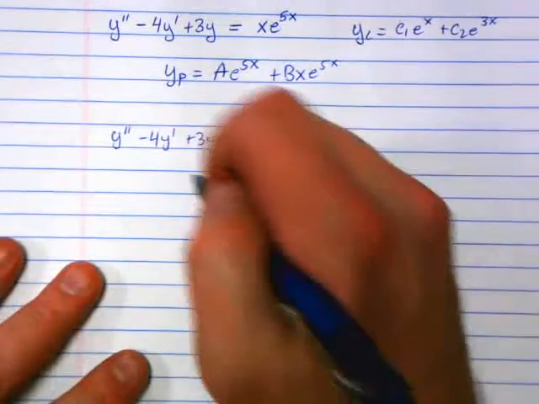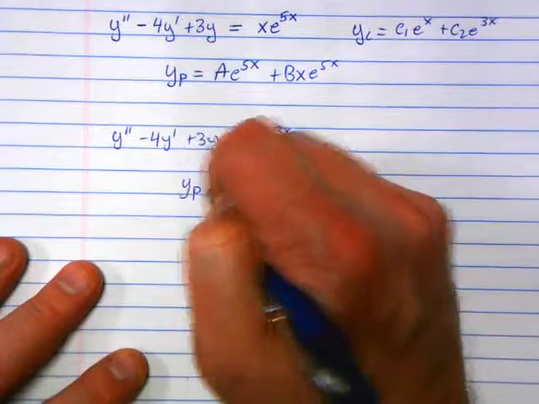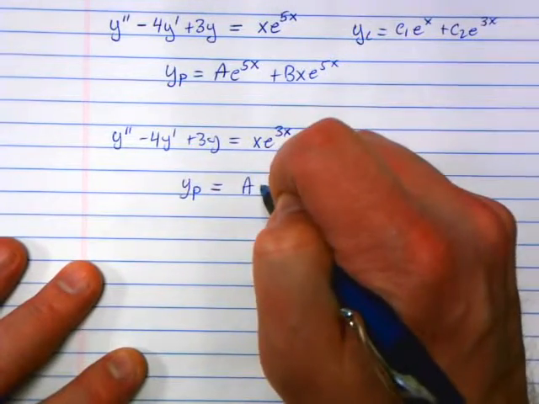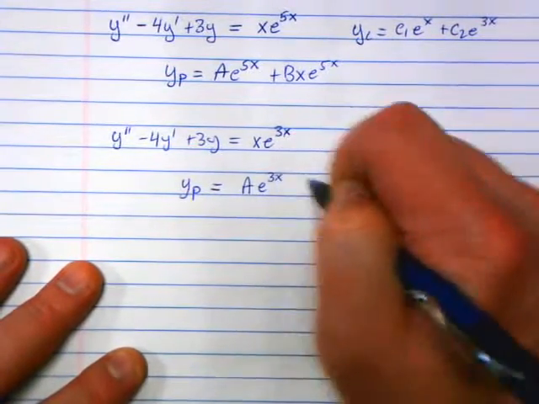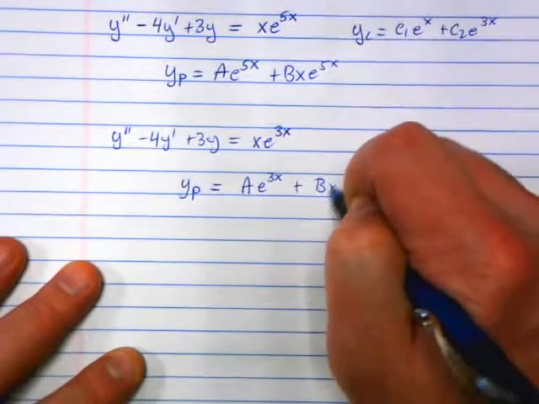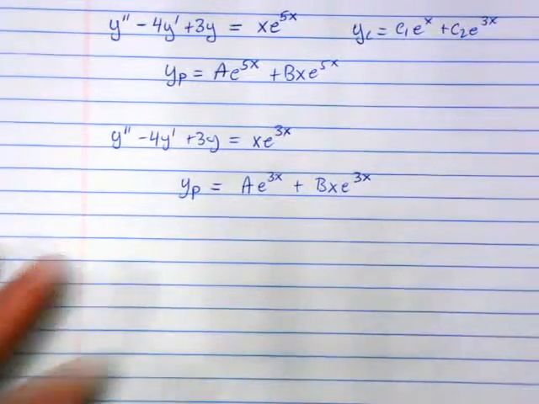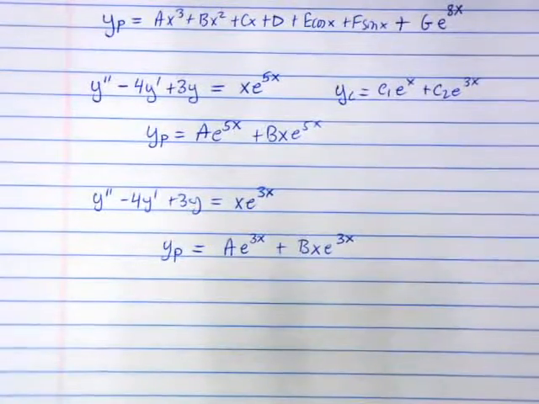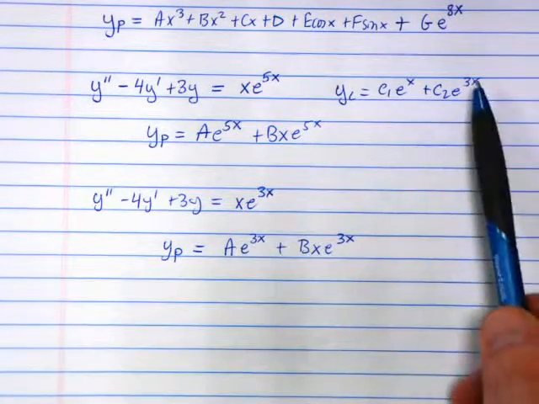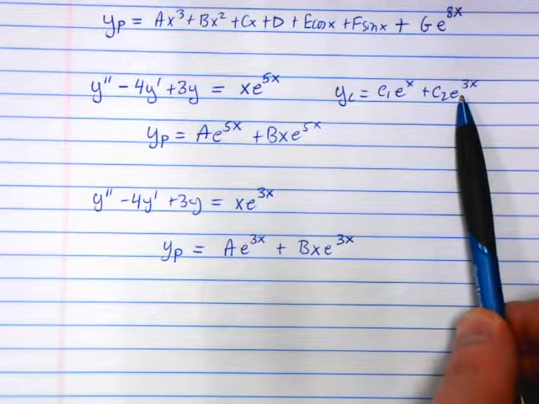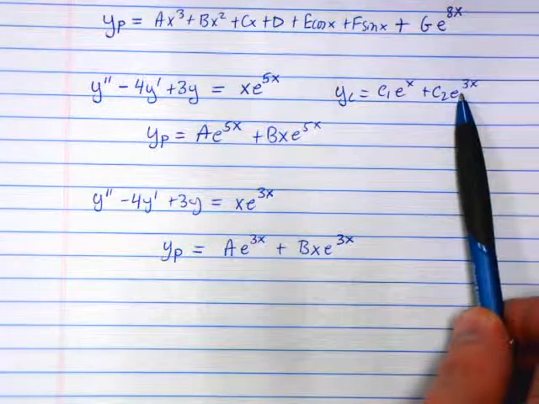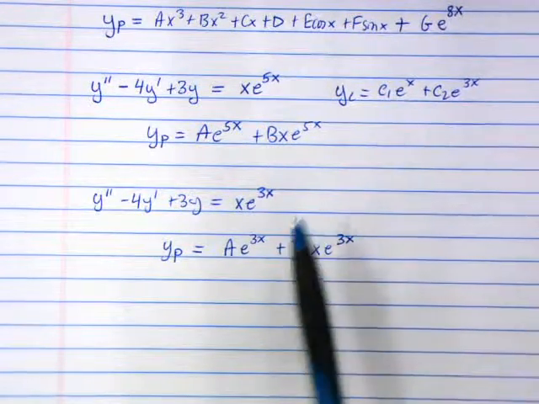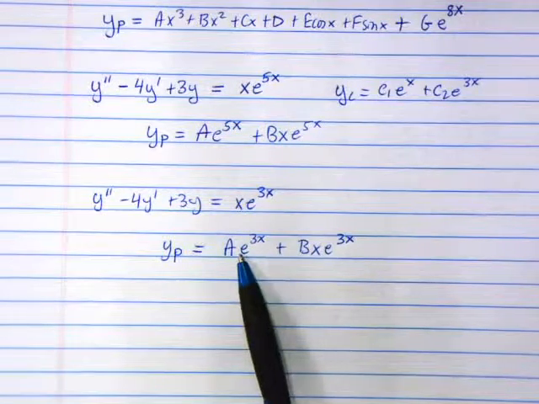Your initial thought should be that y sub p is a e to the 3x plus bx e to the 3x. That's what you would guess first. Then you would say, crap. It's not linearly independent because I already have an e to the 3x. So I need to fix it and make this one linearly independent.